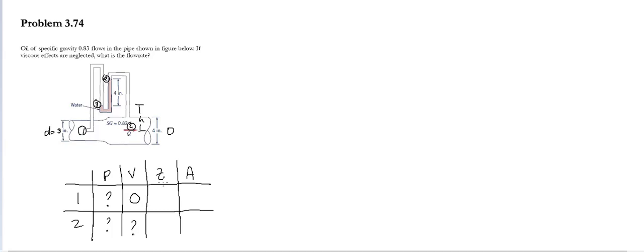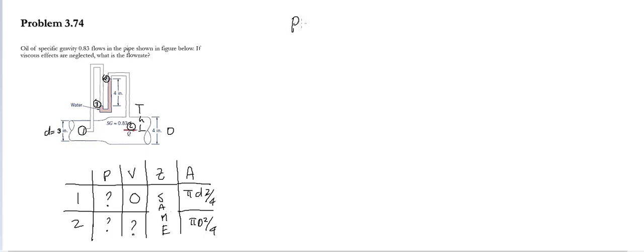The value of the elevations is unknown. However, the only thing that we know is that they are the same for both of the points. So that's exactly what we're going to write. That is the same. And the areas are going to be pi d squared over 4 and pi capital D squared over 4. Okay, so now that we have all the information, we're going to write the Bernoulli equation between points 1 and 2.